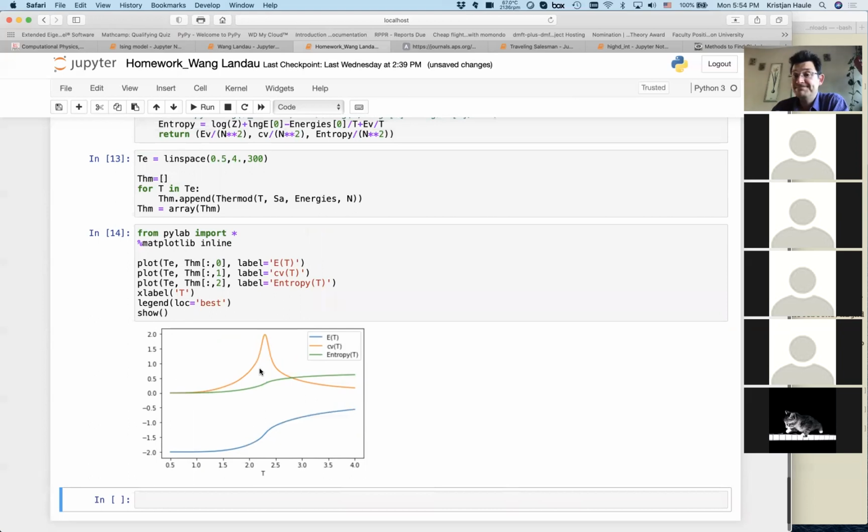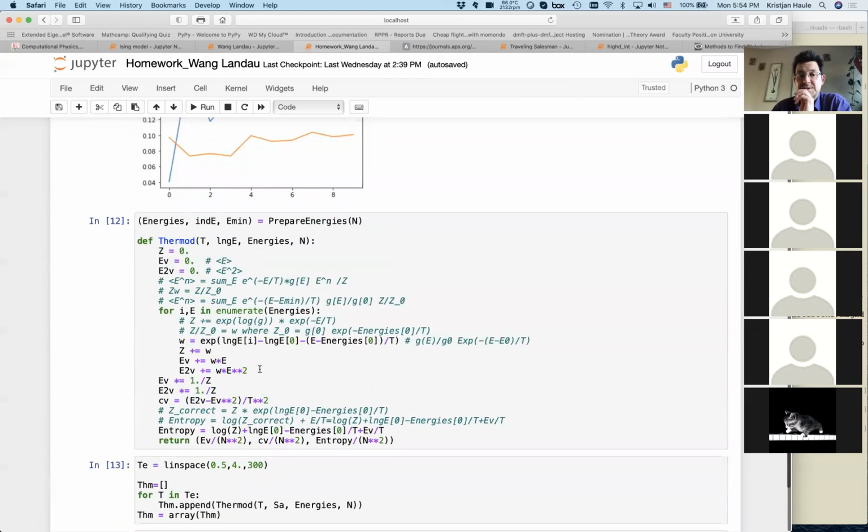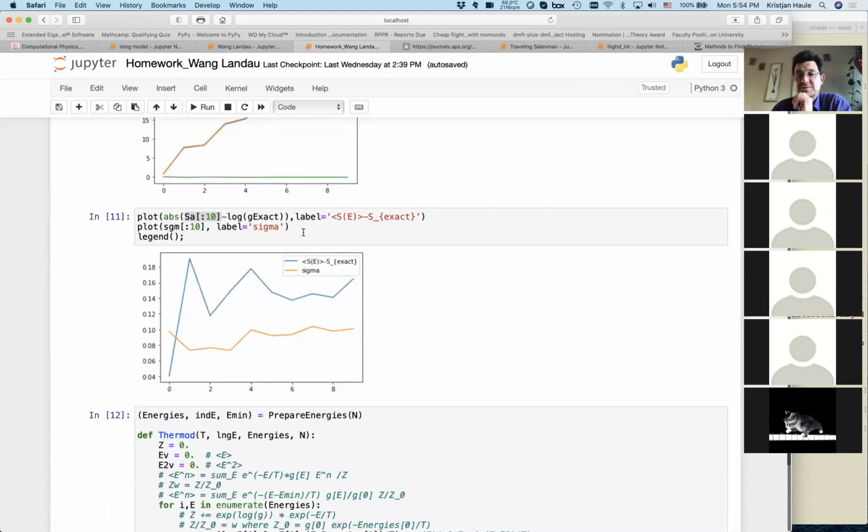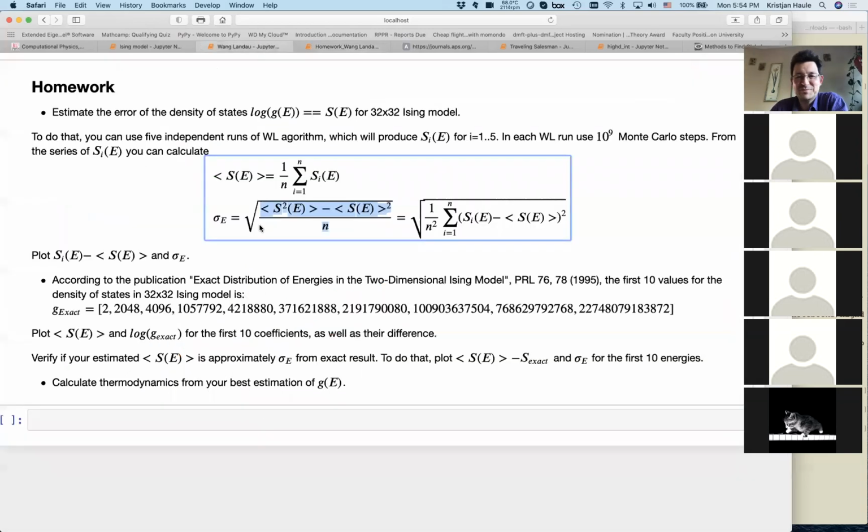So this is all. This is the homework. So is there any question about the homework? Is it simple? Too simple or too hard? Not too simple. Okay. Well, homework shouldn't be too simple.